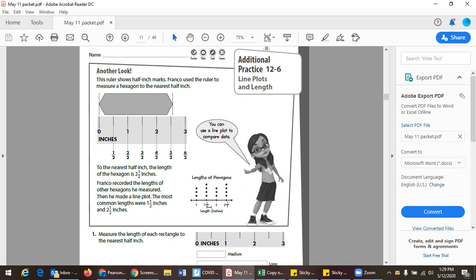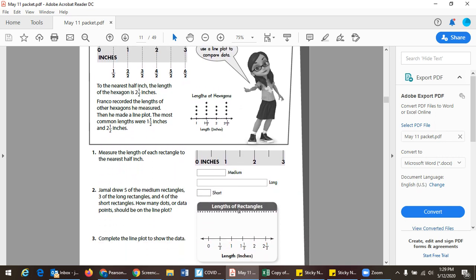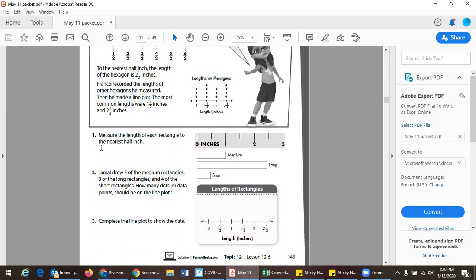Well, it tells us that 1.5 and 2.5 are the most common because each of those has the same number of hexagons in length, which is 4 for 1.5 inches and 4 for 2.5 inches. So when you're going through your questions, make sure that you're answering them based on the data you're given.